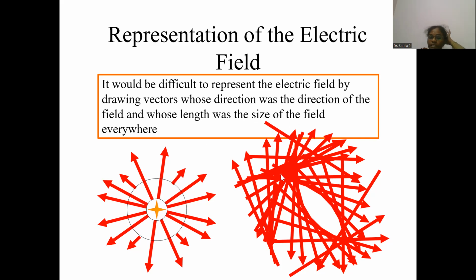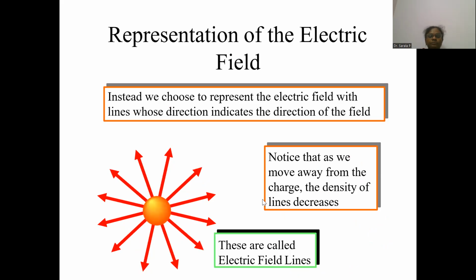I already explained that the electric field is in the direction of the force. So see here, this is the test charge, and the electric field is over here. The direction is in the direction of the force. If we take so many test charges, then the field direction will be in this way.